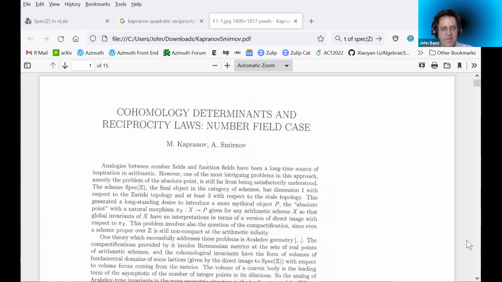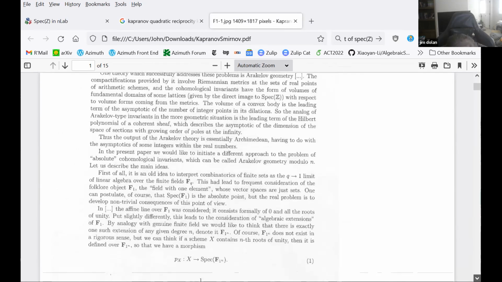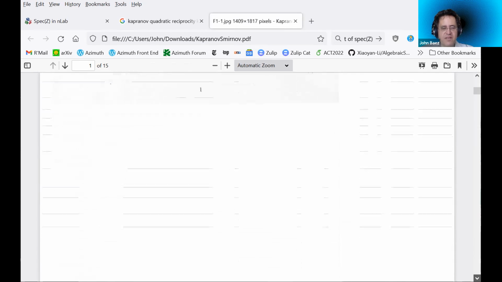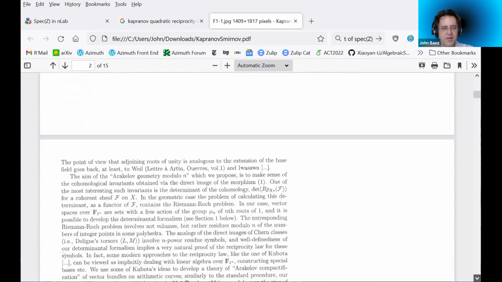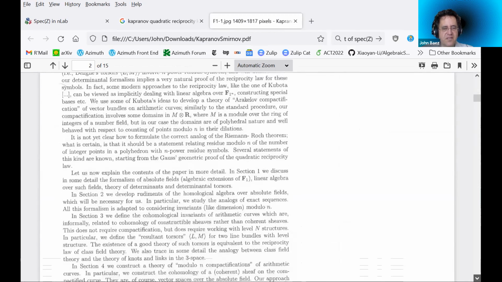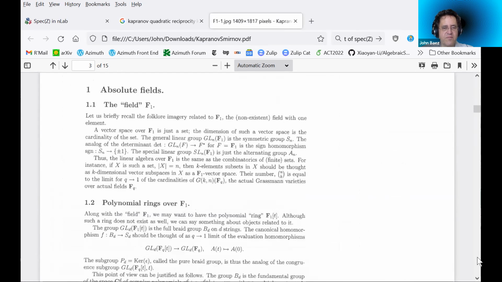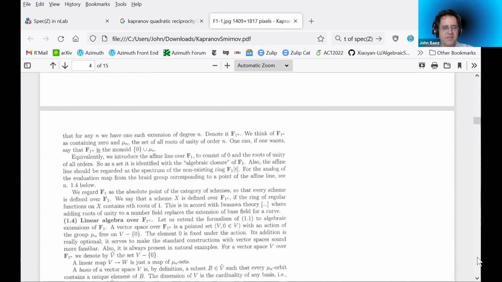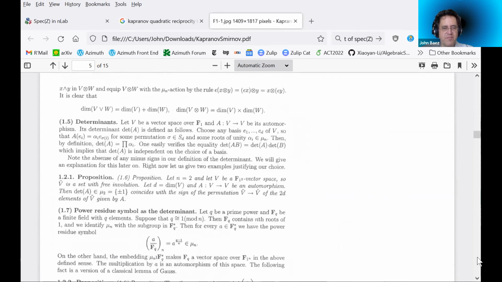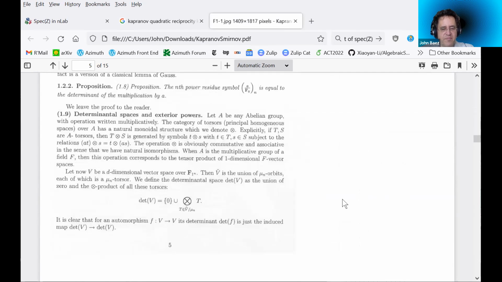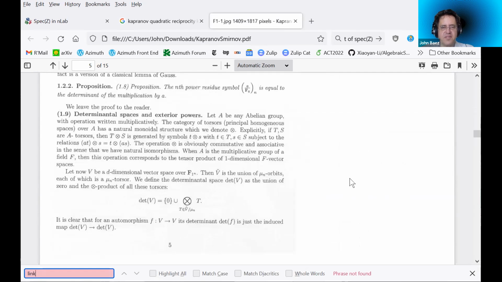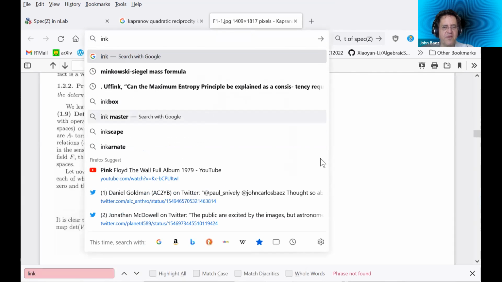If it is the paper, they talk about how the linking number is analogous to, I guess, the Legendre symbol. Maybe it's not this paper, but I've definitely seen people try to go in that direction.